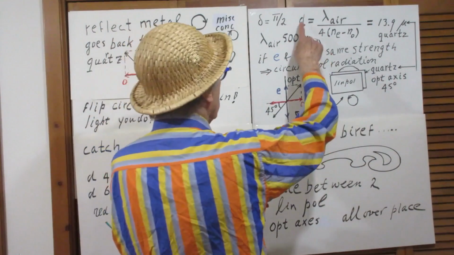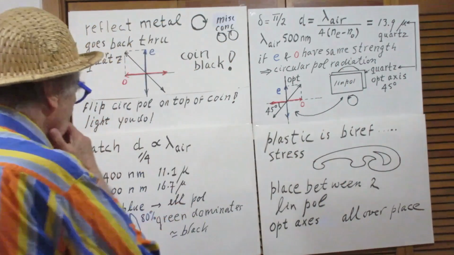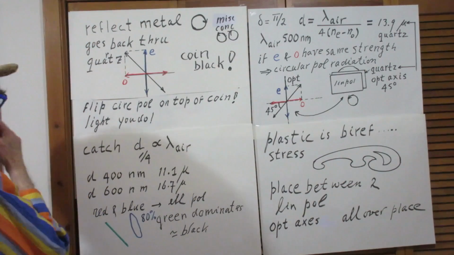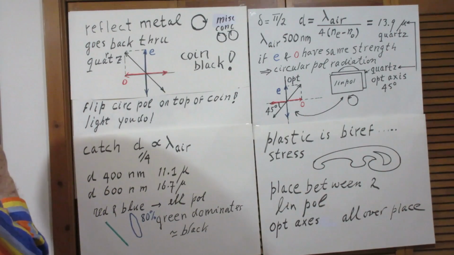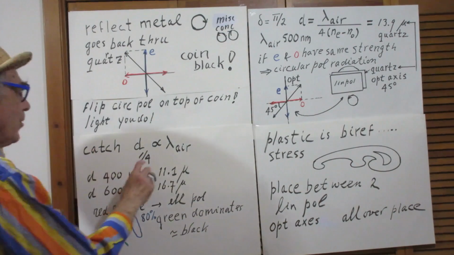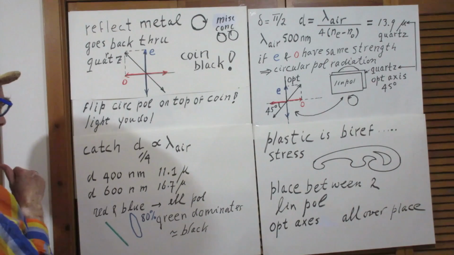Because look, it's linearly proportional to lambda of air. So the net result is that it's only perfect for the green light, not so perfect for the blue and for the red light. It never becomes perfectly circularly polarized when it reaches the metal coin.